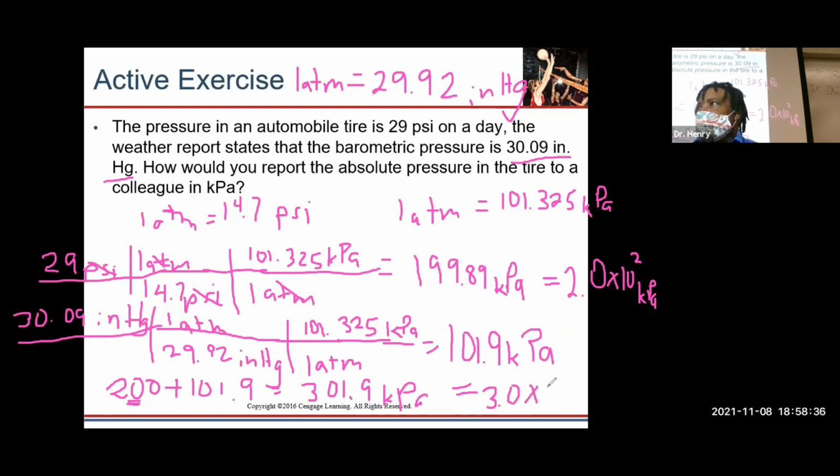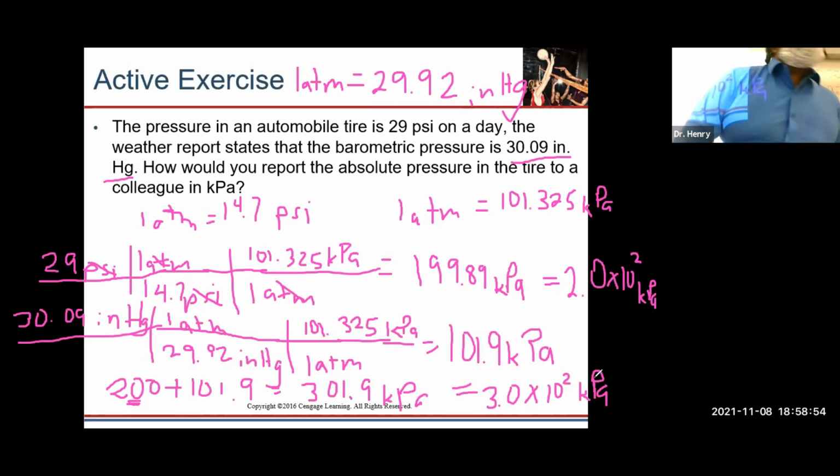That's right, 3.0 times 10 to the second. That is correct. Good? Questions? Concerns? Nope. Let's move on. Right and clear? Everybody got it?